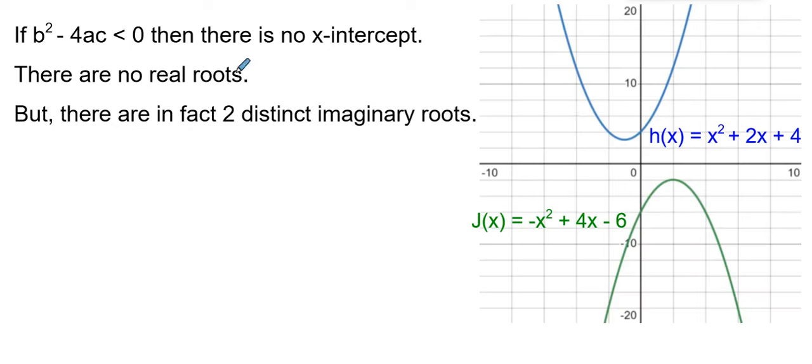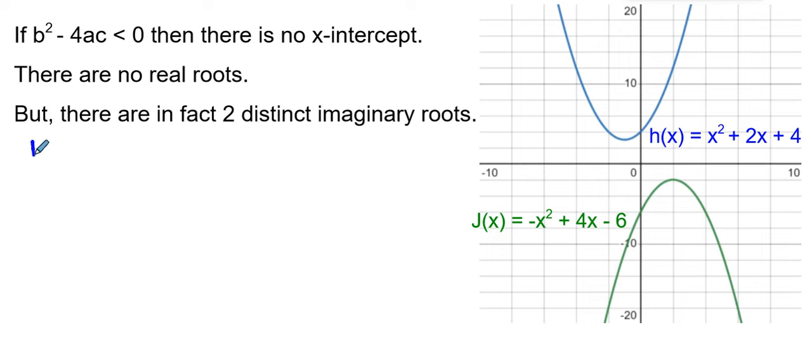Let me explain. Here we have, again, two of these drawn up for you for comparison's sake. Let's take a look at one of these to show you what I mean by it being less than 0, and then I'll dig into it more with the imaginary root piece. Let's try the h at x for this example, and you can repeat it for the j at x function if you'd like.